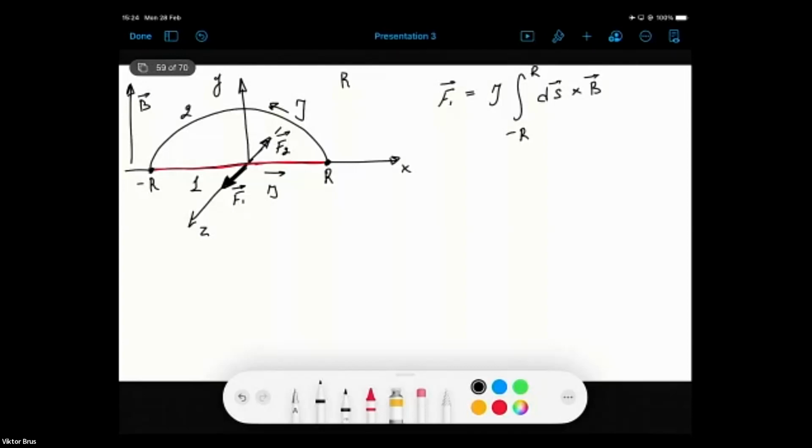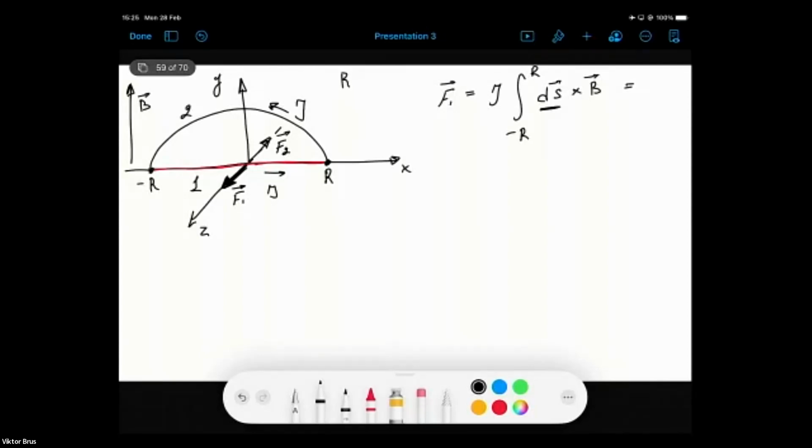What is important to highlight here is that the direction of current, and hence the direction of this ds vector, will always be parallel to axis x, which means it will be perpendicular to the magnetic field vector B, because the magnetic field vector is aligned along axis y.